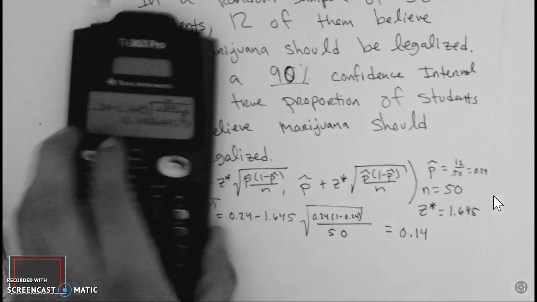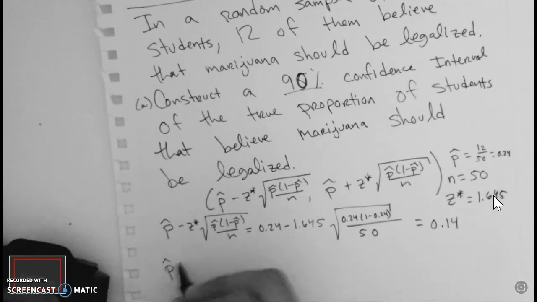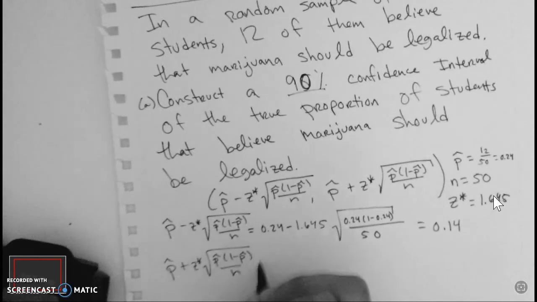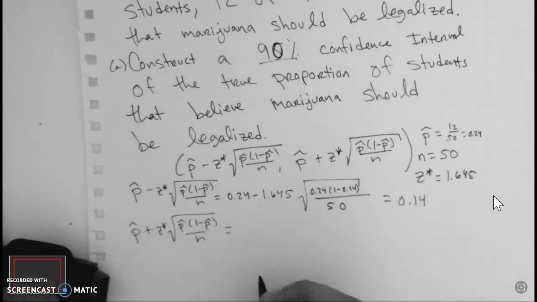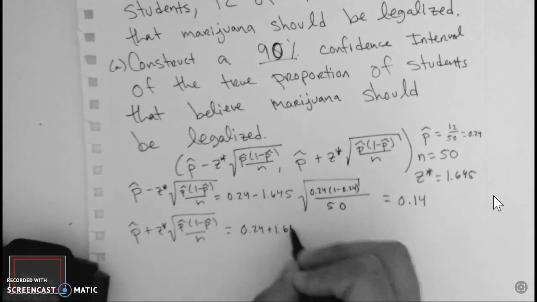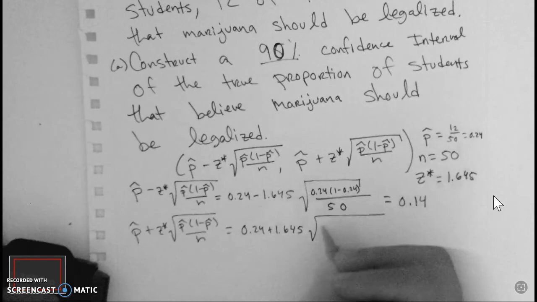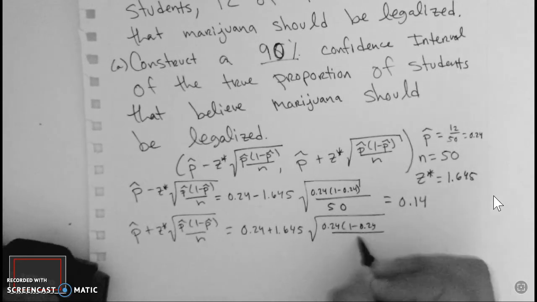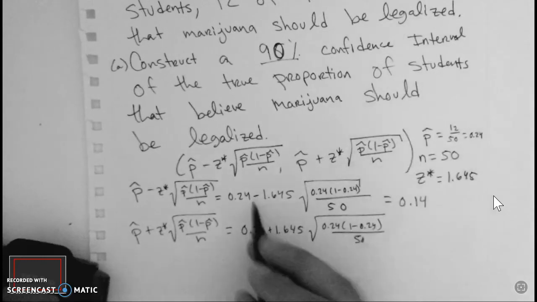Now I'm going to go to this one: p hat plus z star square root of p hat (1 minus p hat) over n. This is still going to use 0.24, so everything is exactly the same. The only thing that's different is that the sign changed from a minus to a plus.